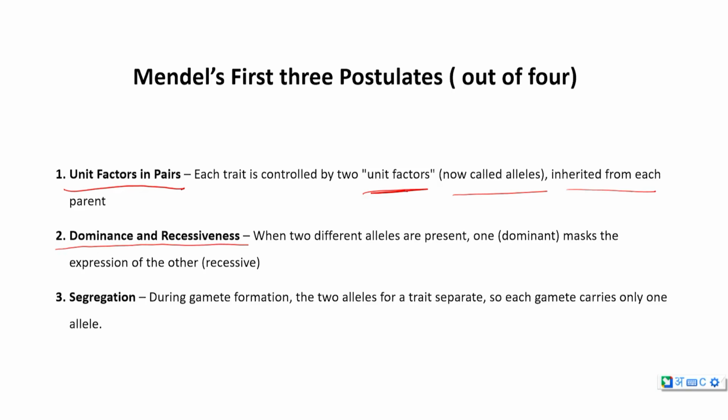And in F2 he identified that even the recessive trait shows up again, although it was hidden in the F1 generation, but in the F2 generation you start seeing both traits in specific ratios. So, during gamete formation the 2 alleles of the trait separate, so each gamete carries only 1 allele. So, those were the first 3 postulates of Mendel which form the first law of Mendel, the law of segregation.